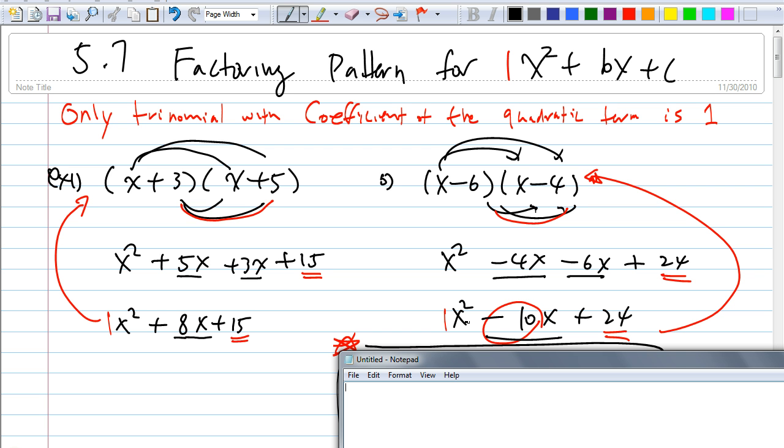What must the binomials look like in these first two terms? In order to get x squared, they both have to be x and x. Isn't that right? Are there any other ways for this to be x squared? What if there were 2x and half x? Don't you get x squared? Right?